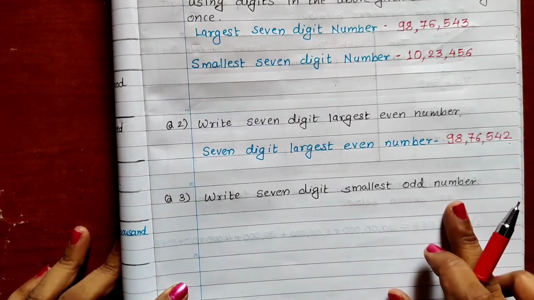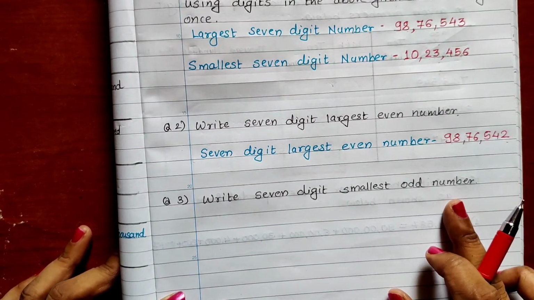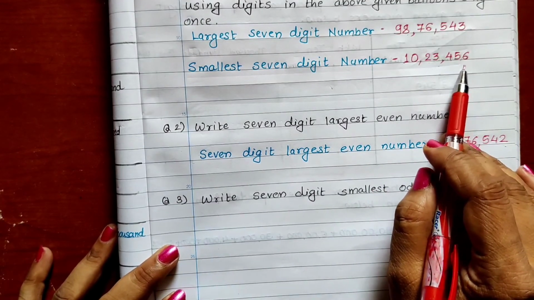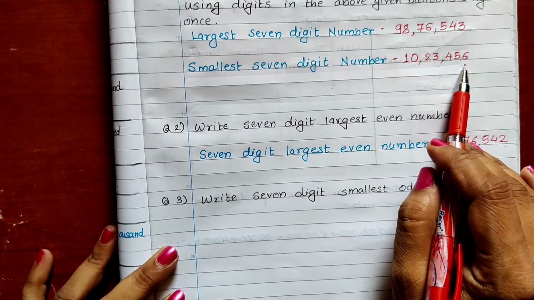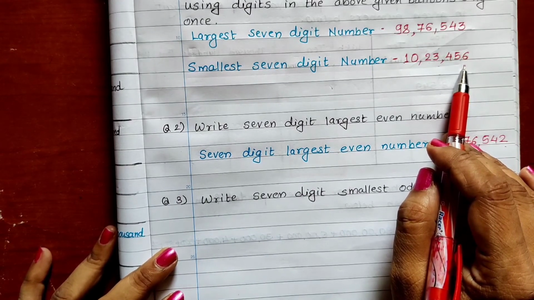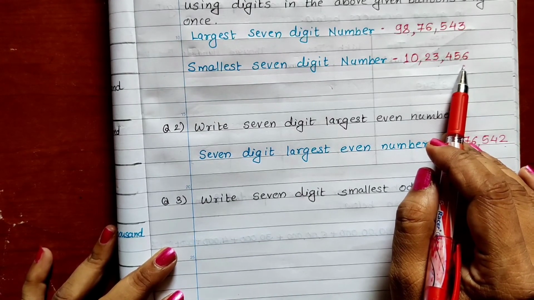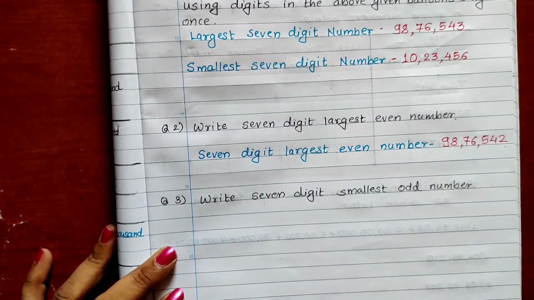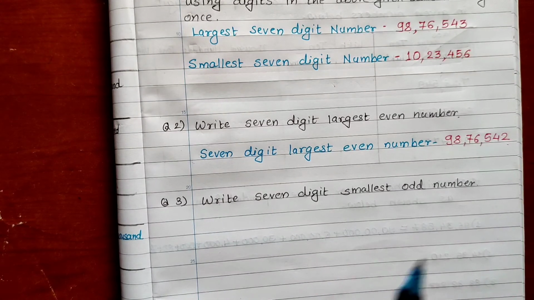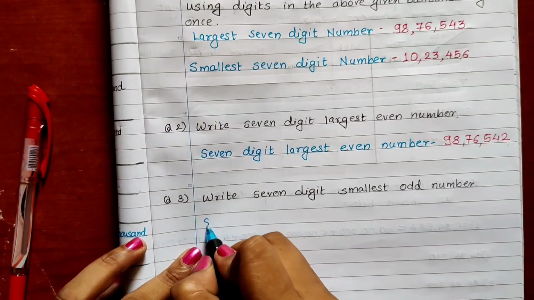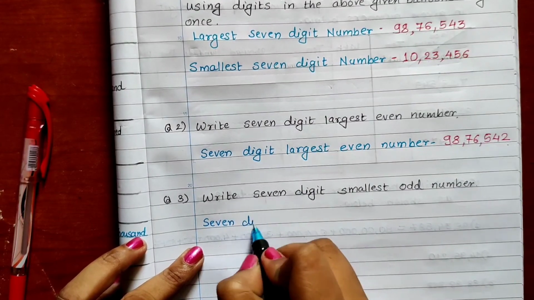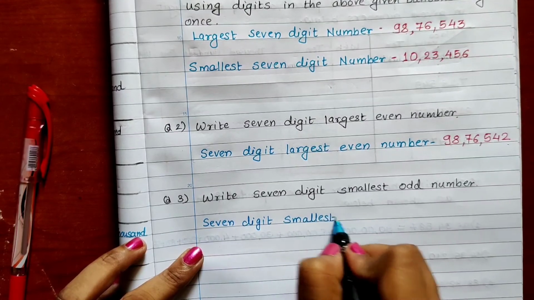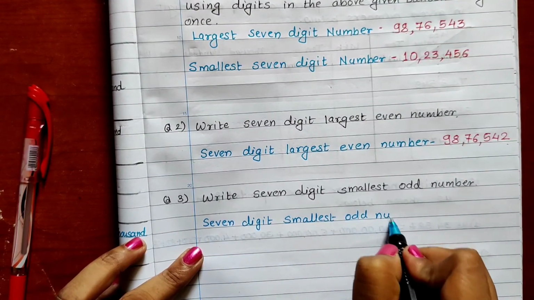Now let us go to the next question. Write the 7-digit smallest odd number. Now the number should be odd. The smallest 7-digit number we have written here, but we require an odd number. So instead of 6, because 6 is even, we have to write a number which is odd. So what number do we have to write here? Think about it. Okay, so I write here the 7-digit smallest odd number.